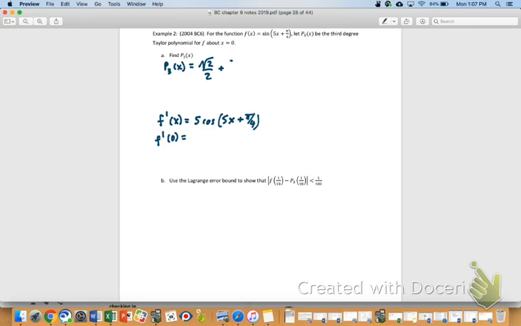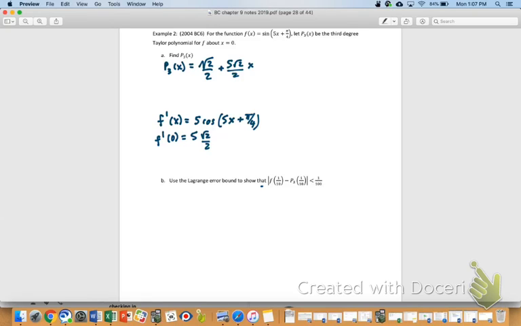So this would be 5 root 2 over 2, technically times x minus 0. I'm just going to put times x. So far, so good? Do we need to simplify 1 over root 2 to root 2 over 2? Either way is fine. That doesn't matter to me.